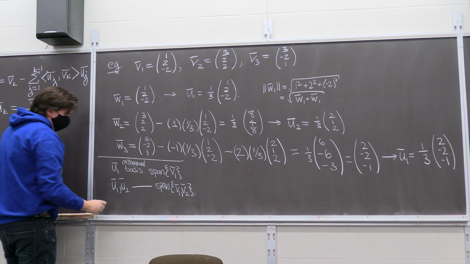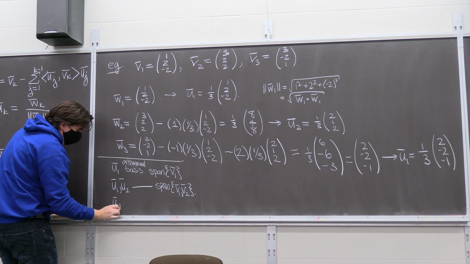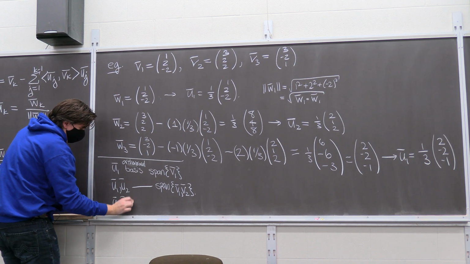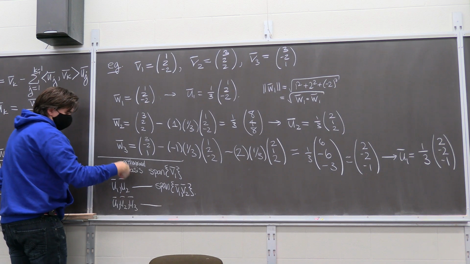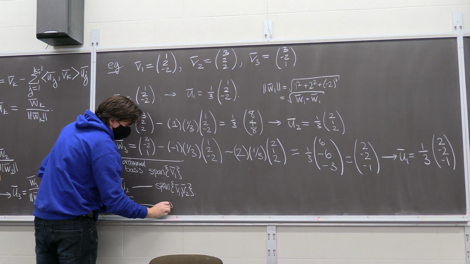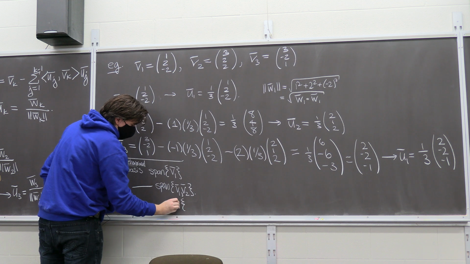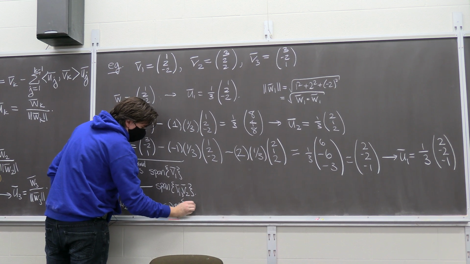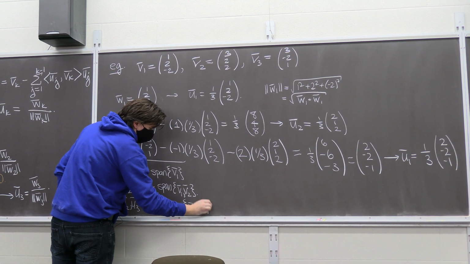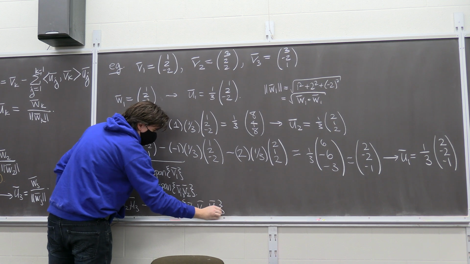And then when we took all 3 of them, U1, U2, U3, that's an orthonormal basis for the span of all 3, V1, V2, V3.